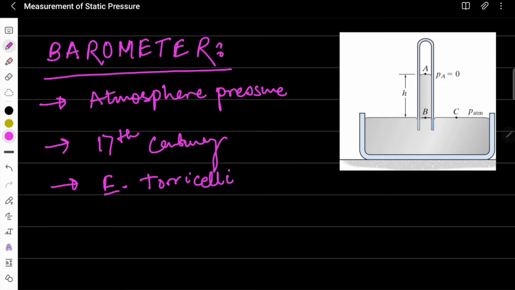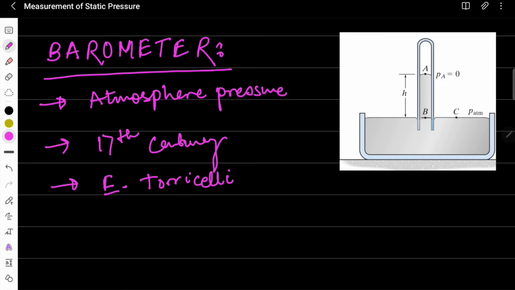In this setup of the barometer, there is an open-ended glass tube that is completely filled up with mercury, that is the fluid used for this kind of barometer. This tube is completely filled with mercury and then inserted upside down into a dish which is also filled with mercury, such that a vacuum is created over here.